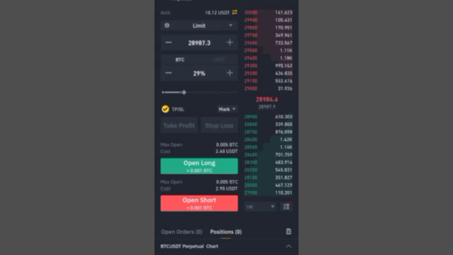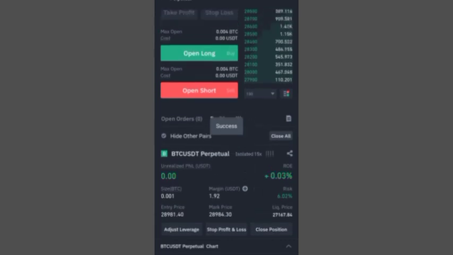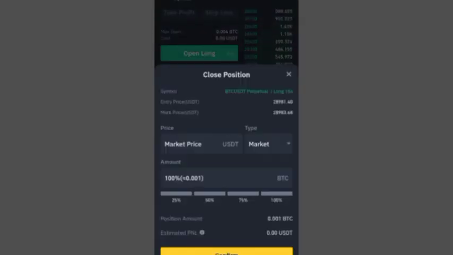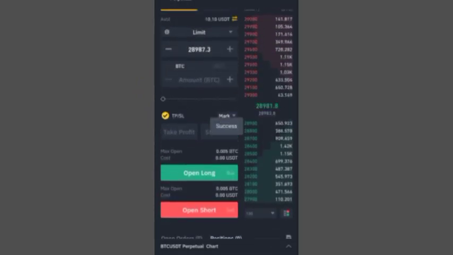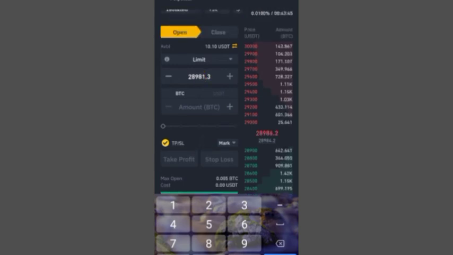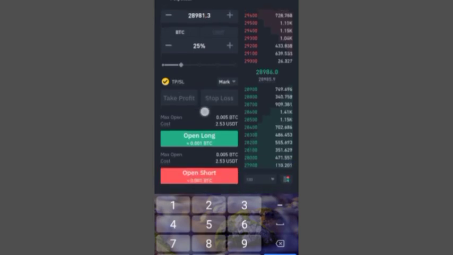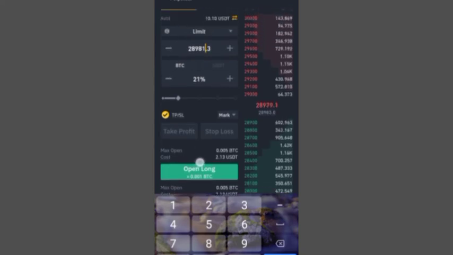Okay, let me choose this so it will be executed fast. Let me click on long. I'm choosing 2.81 and let me use 33.12.